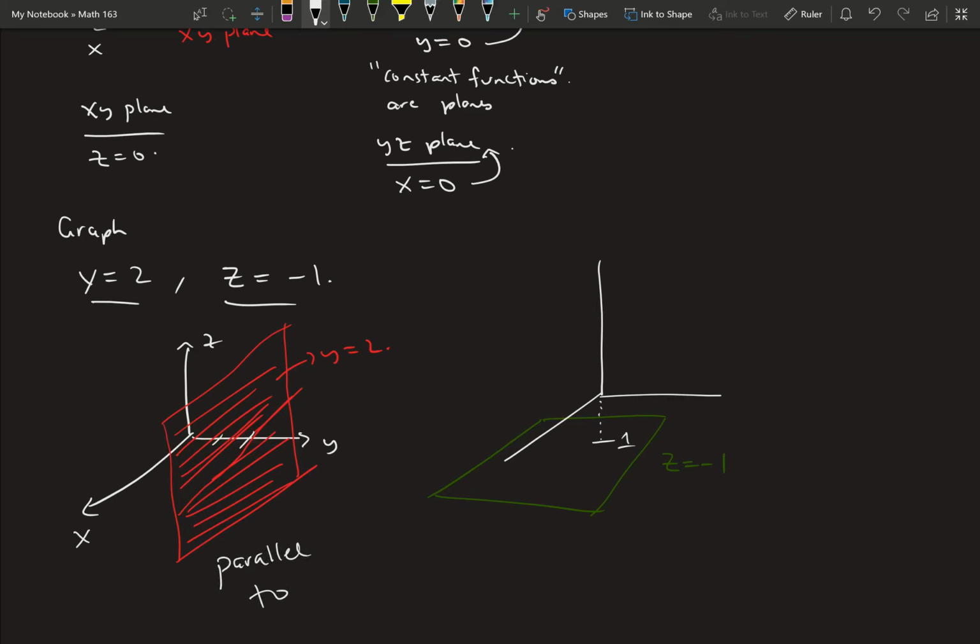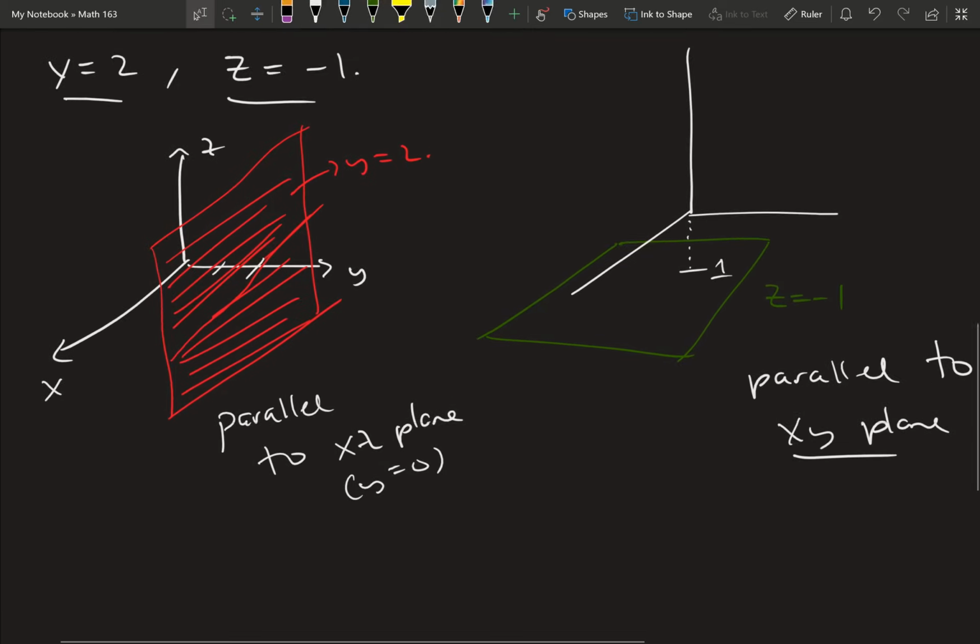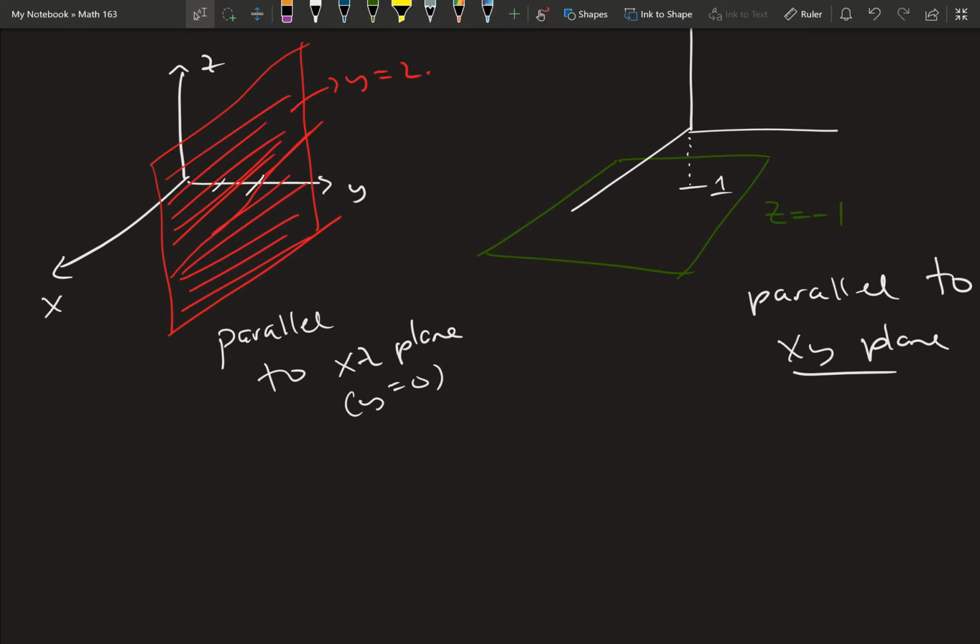to the xz plane, right? Because that's where y is 0. This is parallel to the xy plane. And similarly, if you were to plot x equals some constant, that would be parallel to the yz plane.